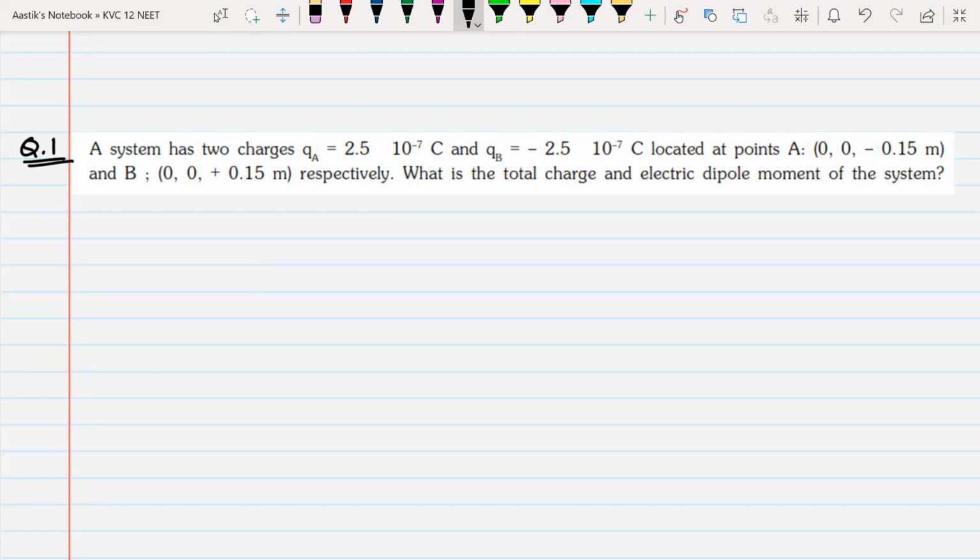One charge is 2.5 into 10 to the power minus 7, and the other one is minus 2.5 into 10 to the power minus 7, located at points (0, 0, minus 0.15 meter) and (0, 0, plus 1.5 meter). What is the total charge and the dipole moment of the system? You have 2 minutes to give me the answer.